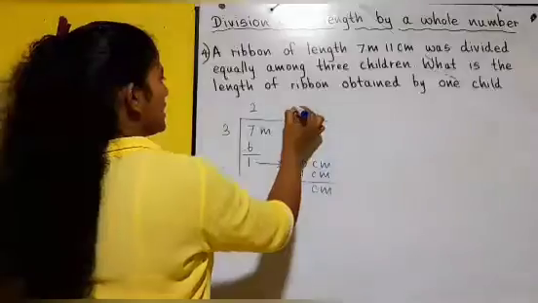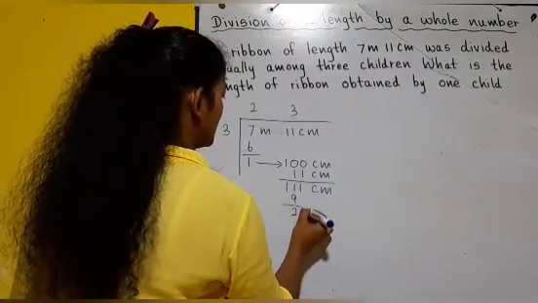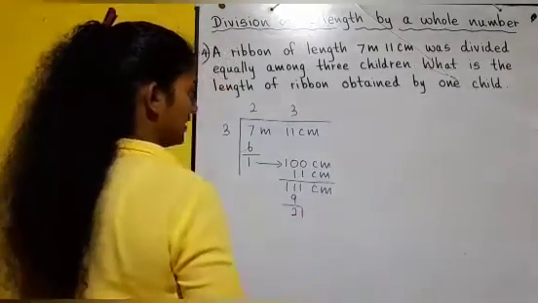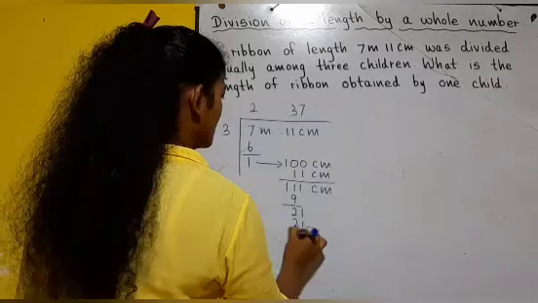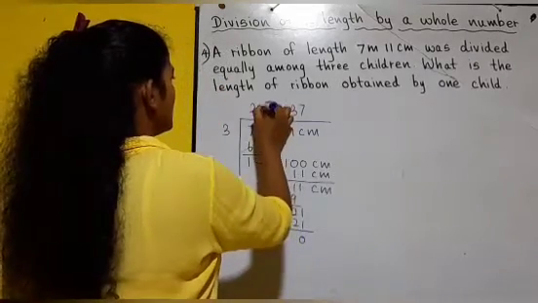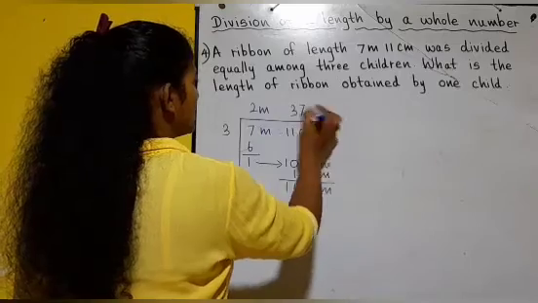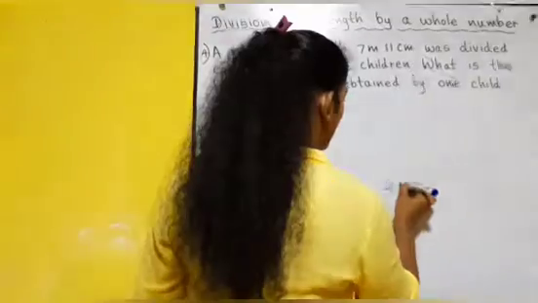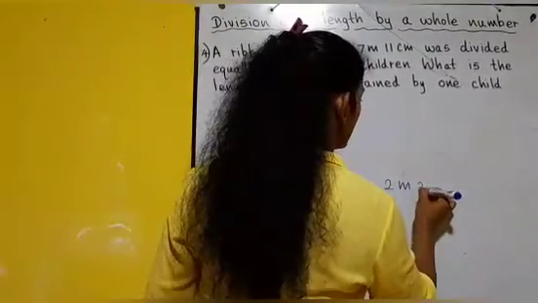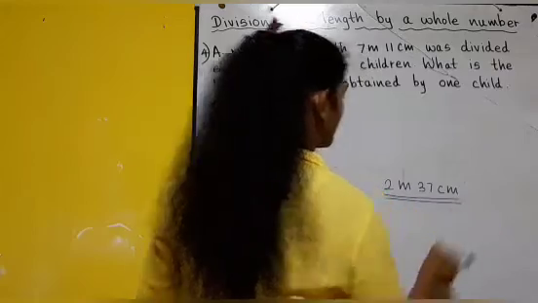Then 3 times 3 is 9, 2 remaining, then take this one here. 3 times 7 is 21. 0. The answer is 2 meters 37 centimeters. You can write it separately. 2 meter 37 centimeters is the answer here.